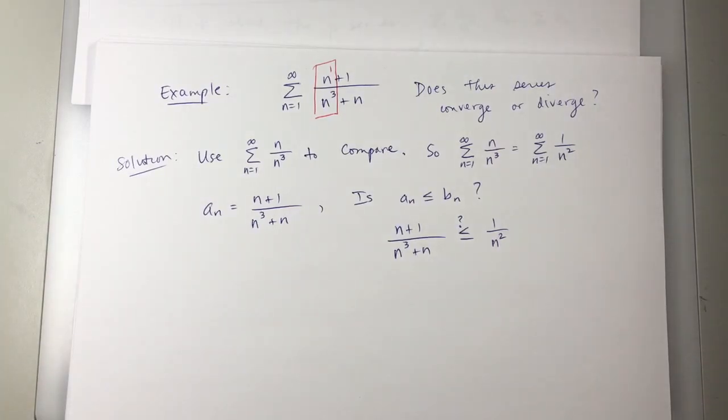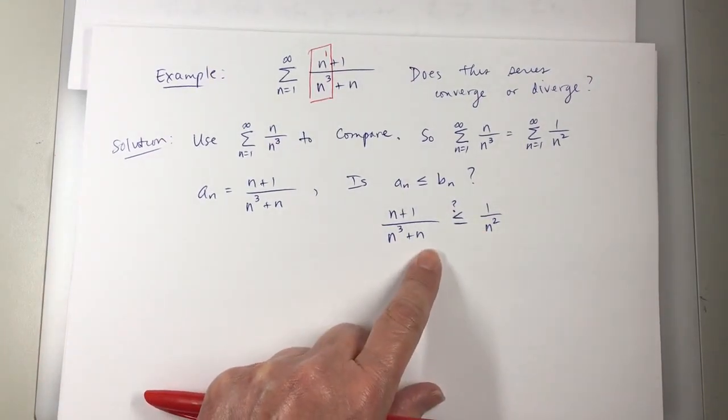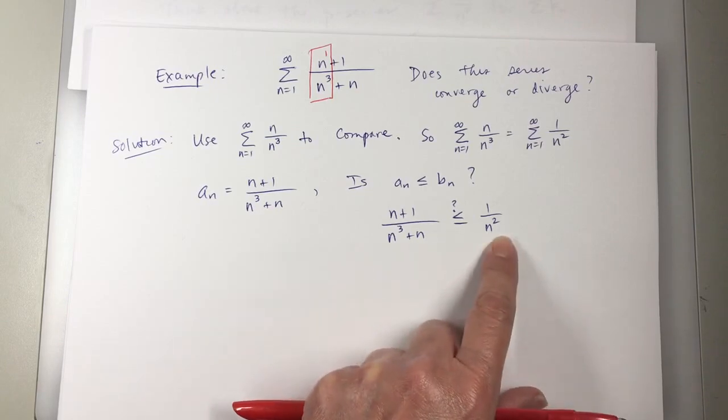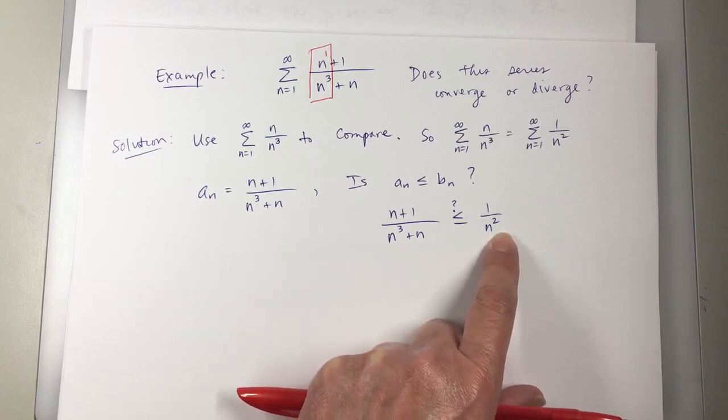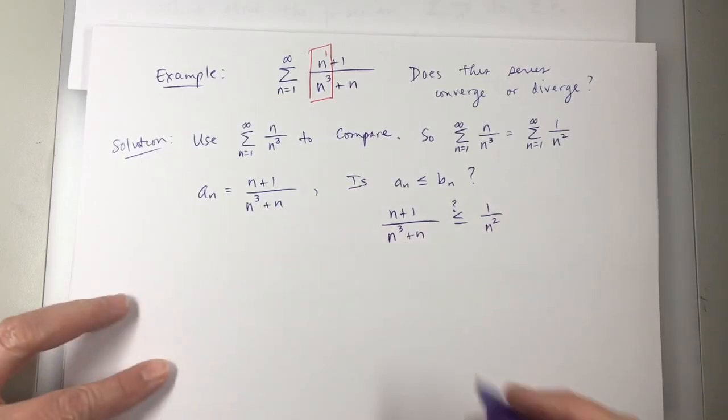Now, this is where you might be looking and thinking, okay, now what does that plus 1 do? What does that plus n do that's in the denominator? Okay, I'm going to solve this out, and I'm looking at this. N's are positive, correct? They're going to infinity. So n's are positive. I am going to multiply both sides by n squared and by this n cubed plus n.